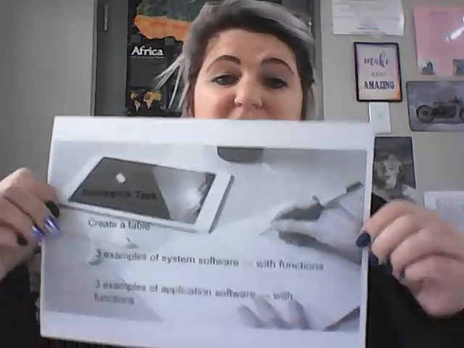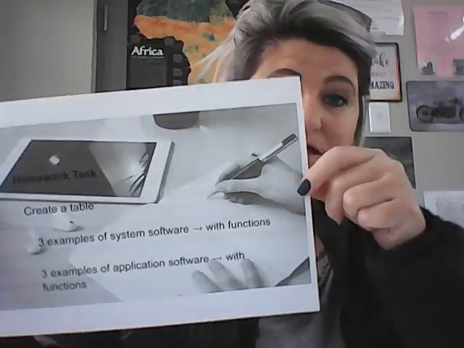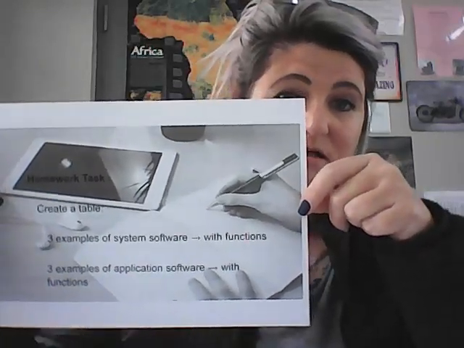All right, so let's do some homework. 3 examples of system software. Give me the functions of it, and 3 examples of application software with its functions. So there is your homework. You will see I will add it to your lesson plan.